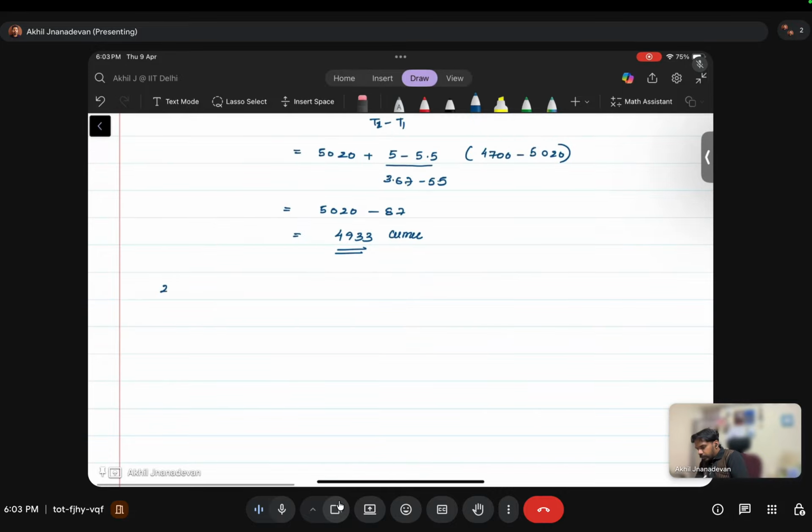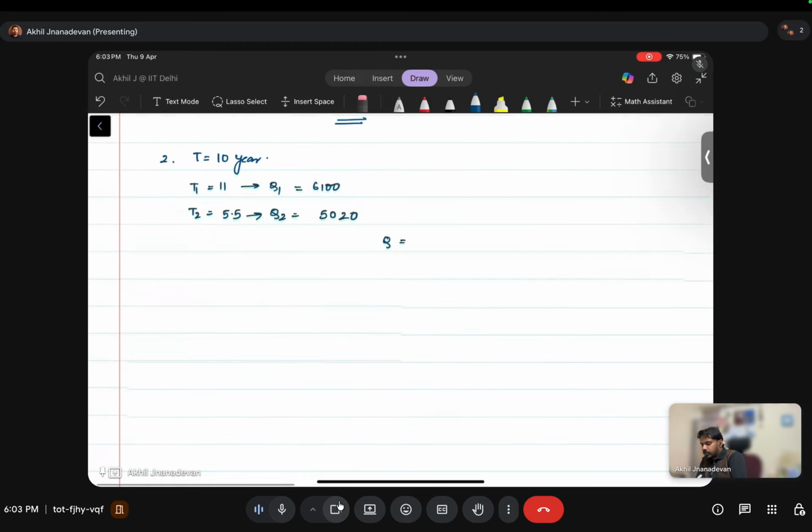So similarly, we can do it for T equal to 10 years. So 10 years will lie between T1, that is 11, which has a Q1 of 6100, and T2, that is 5.5, which has a Q2 of 5020. Directly we can substitute, we have already written the equation.